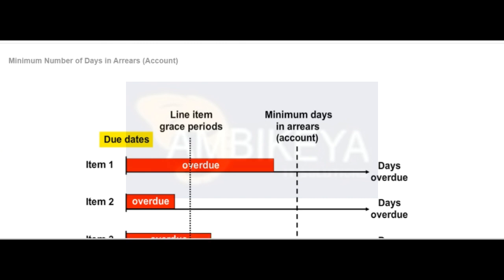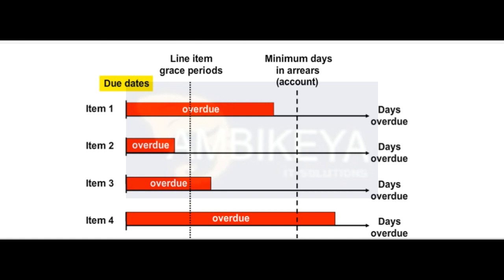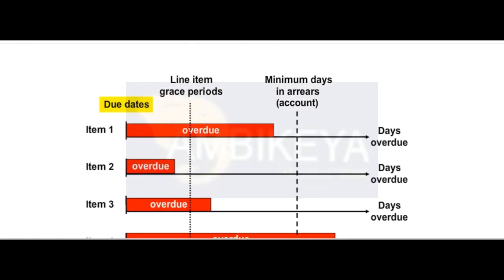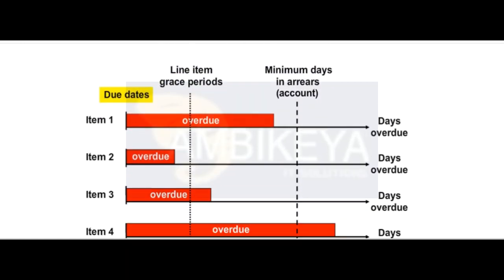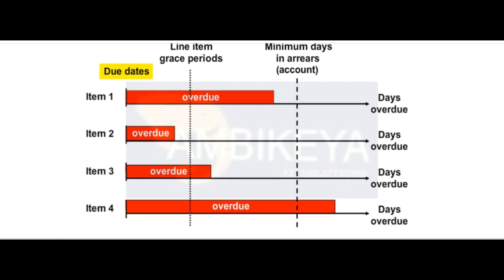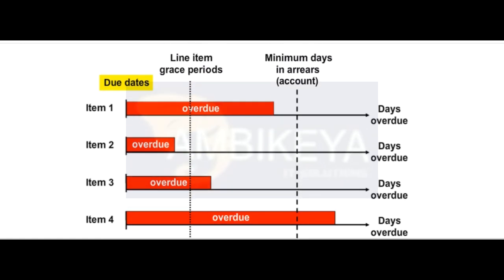Item 3 is overdue and must be dunned, but the minimum number of days in arrears has not been reached. Item 4 is overdue and the minimum number of days in arrears in the account has been reached. This means that items 1, 3, and 4 are dunned. Item 2 is not dunned because it is still within the line item grace period.